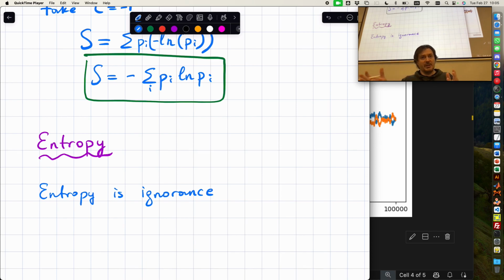There is a macroscopic approach whereby none of this is present. It's just S is delQ over T for some reason. That's how it began.